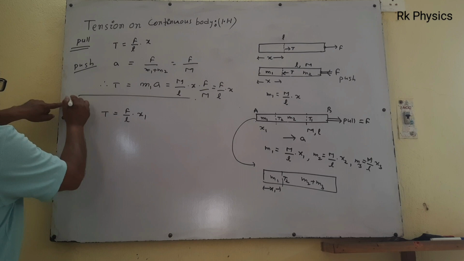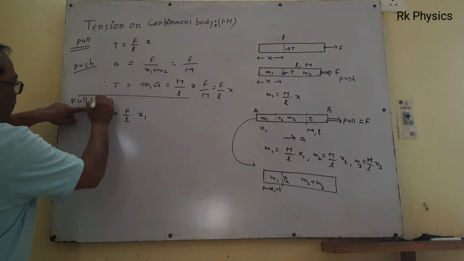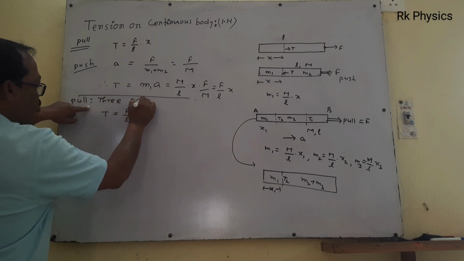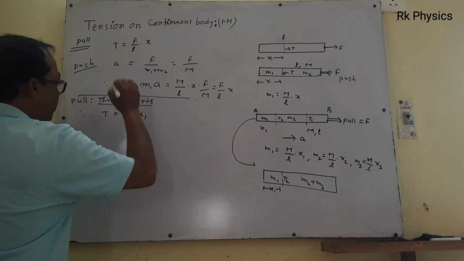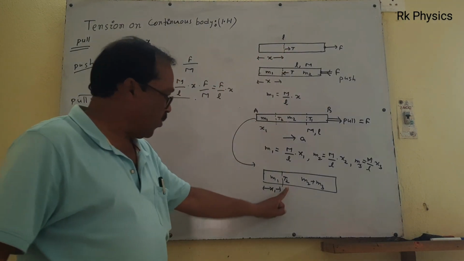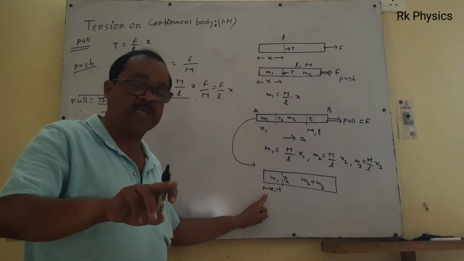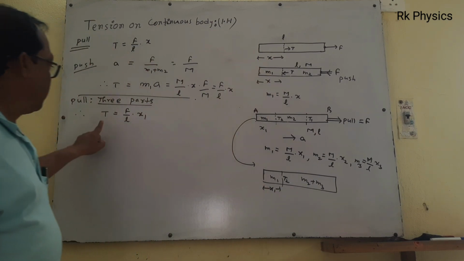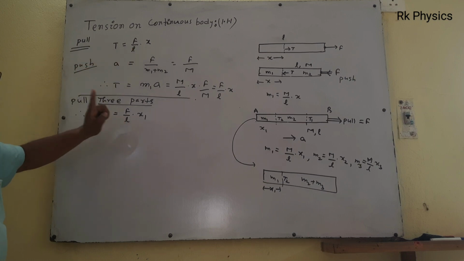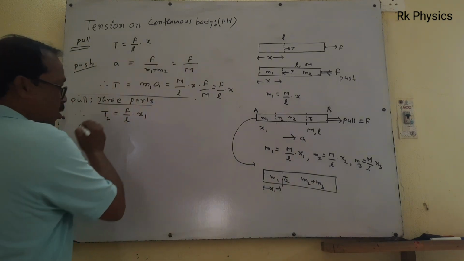Now here I am taking a pull, where the object is imagined to consist of 3 sections. So instead of T, you take T2, and instead of x, you take x1. Then repeat this formula, x is written as x1. This is the equation. I am taking T2.